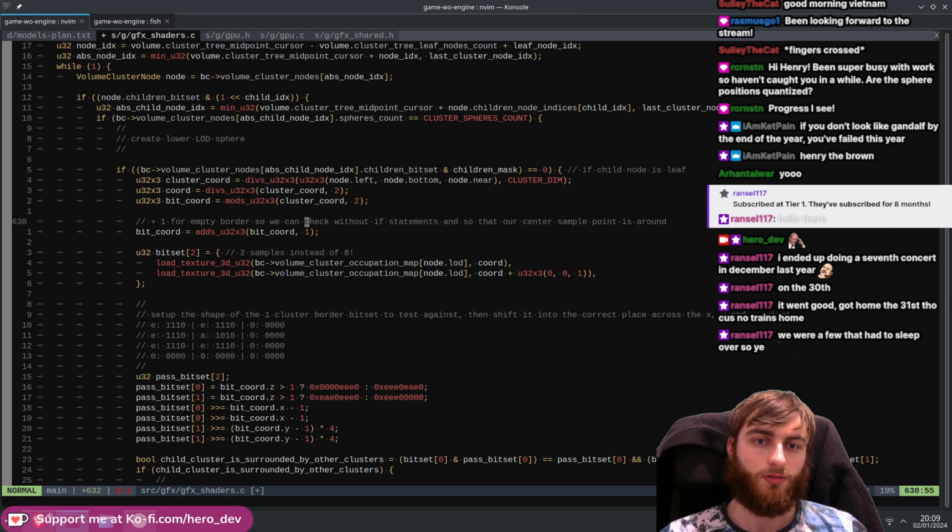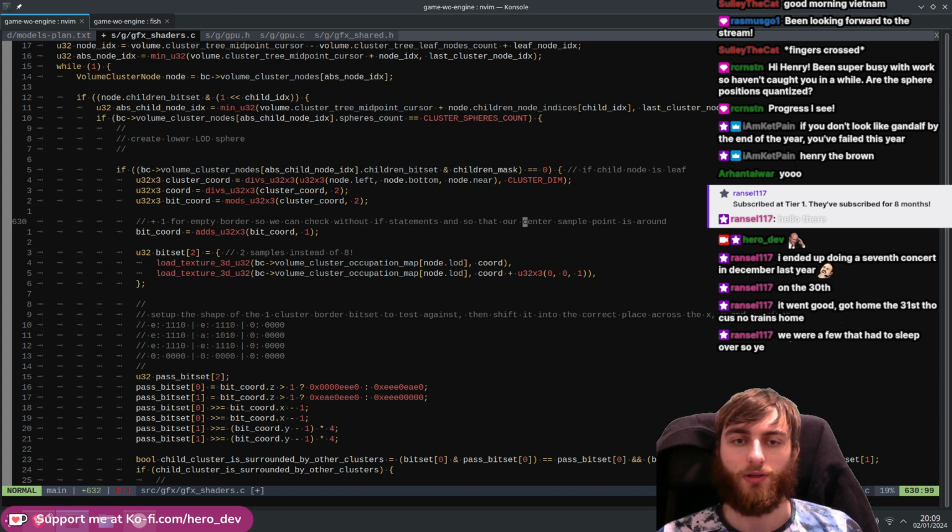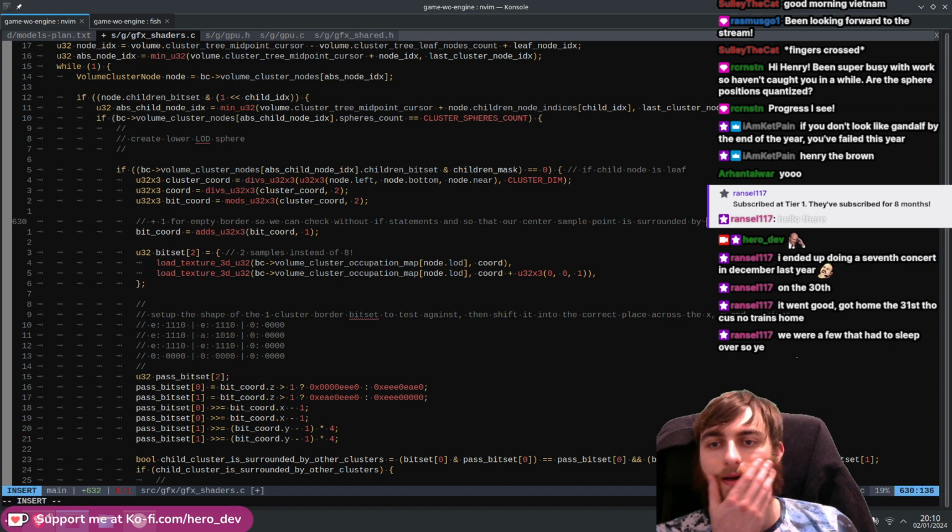The empty border, so we check our if statements, and so that's our center sample point. It's surrounded by bits within a bit set. It is always surrounded by bits within a bit set.